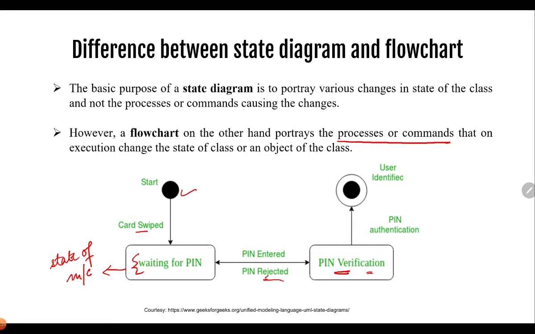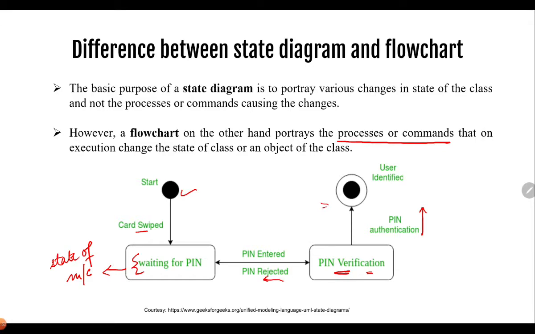And then pin rejection if it is not a valid pin, and if it is an authorized pin, then after verification the authentication will go straight to the user being identified state, and after the user has been identified it will simply stop using a stop symbol.